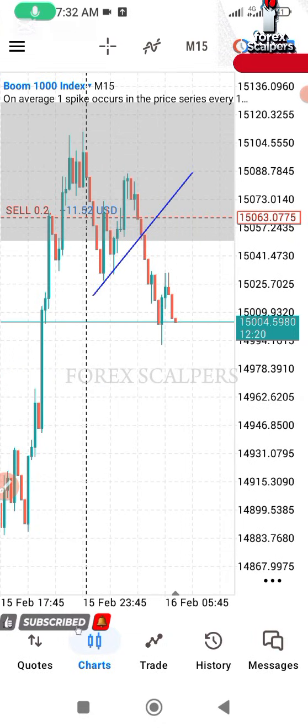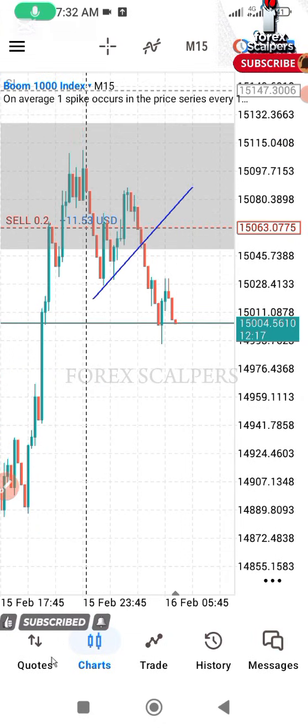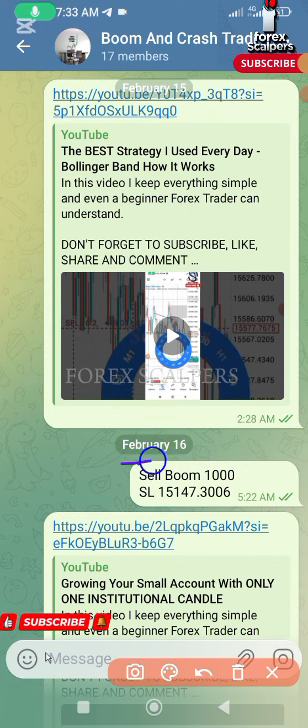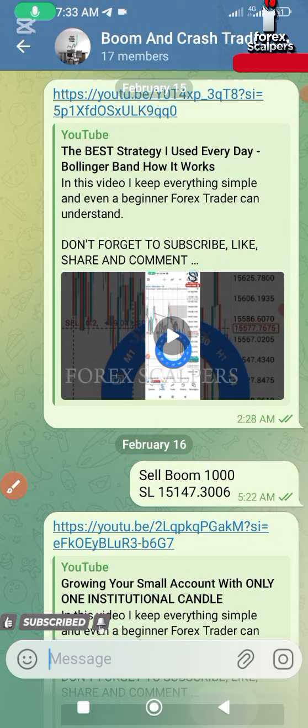So here is a live trade scenario. This trade was shared in our Signal group. We gave this trade call and as you can see, we are all enjoying this. So here is the trade call in our Signal group, and you can see the trade playing out.